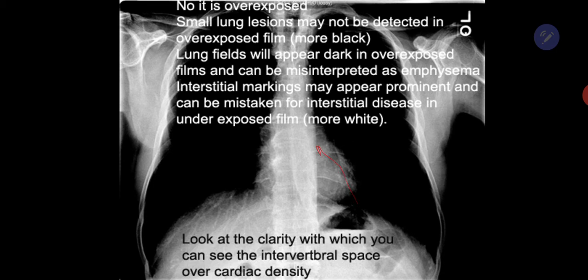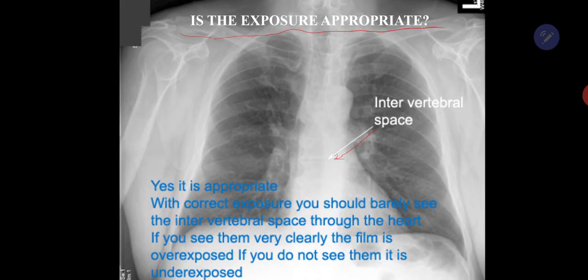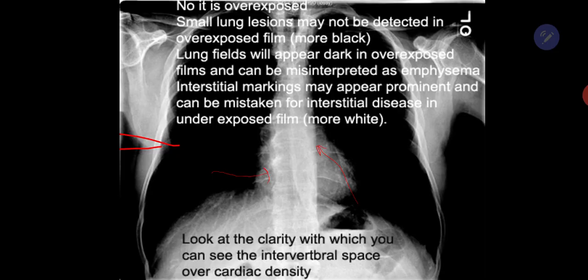You can see over here. See, in this image you could barely see the intervertebral space through the heart, and in this overexposed film you can see clearly. So it is overexposed.